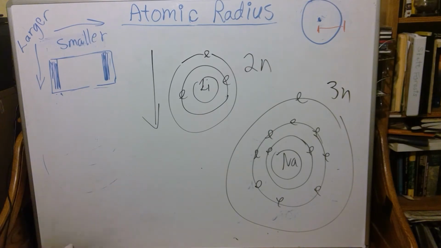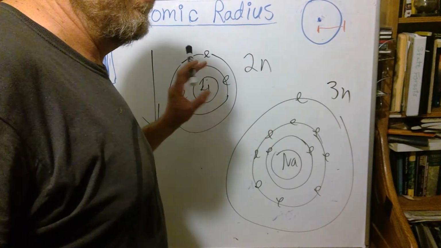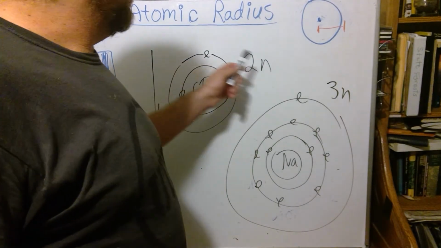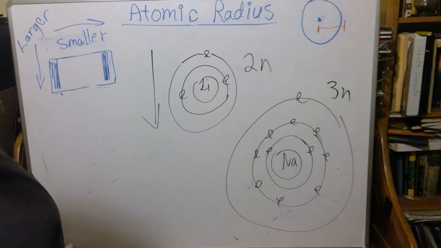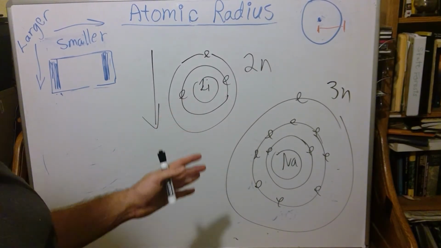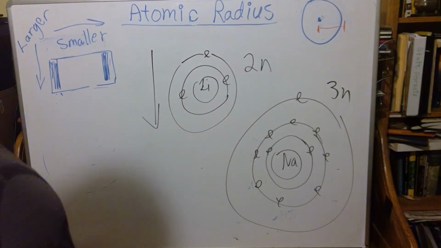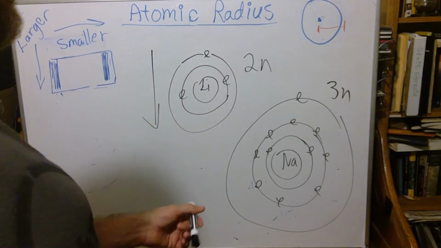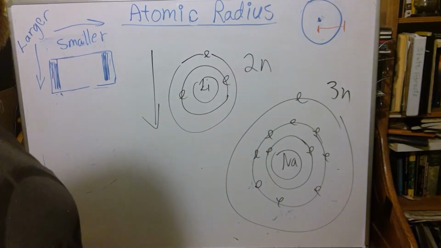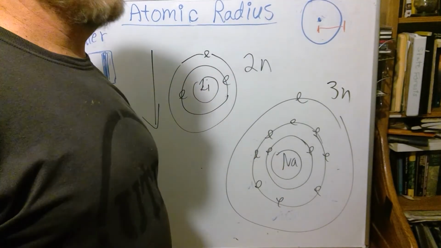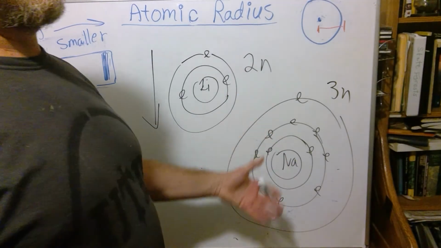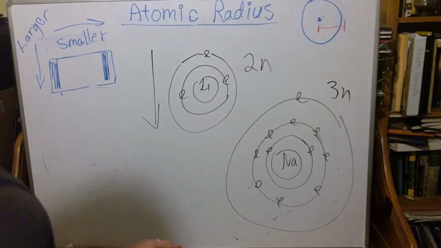And you can see why, as you go down a column in an elemental group, you have an increase in size, because even though both of these elements have one valence electron on their outer shell, which is why they behave similarly chemically, this one has 2 energy levels. It's over 2N in the notation that we see in textbooks, whereas sodium has 3 energy levels. It's on the 3rd row, so we're adding energy levels.